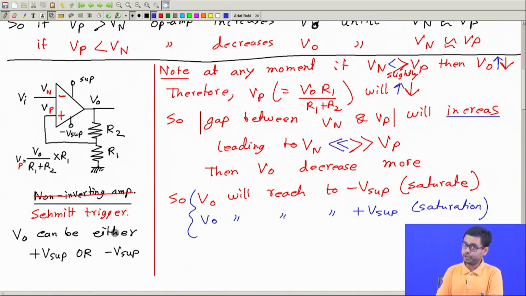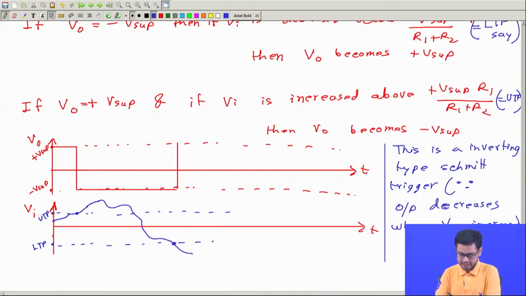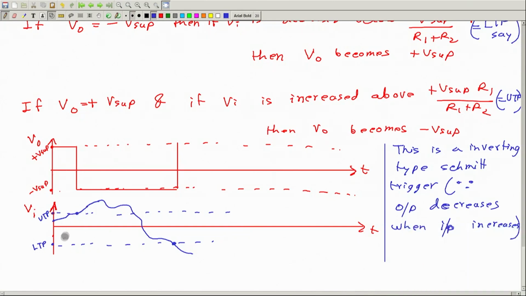Just you can note this point. Okay. And this is otherwise just like a Schmitt trigger. Only thing is that it's opposite, but there is still an upper trigger point, there is still a lower trigger point, and this is the hysteresis band or hysteresis gap. So this is like a Schmitt trigger, but it's inverted.